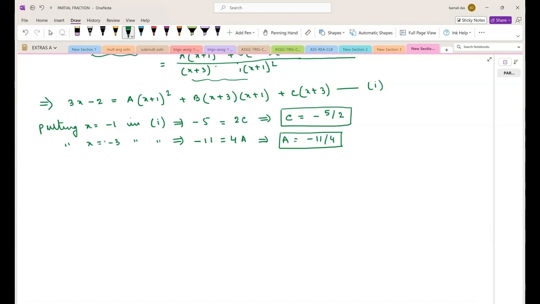So in such a case, what we do is we equate coefficients of similar terms from both sides, that is left hand side and right hand side of 1. You can equate coefficients of x square from both the sides, you can equate coefficients of x, or you can even equate the constant terms themselves.